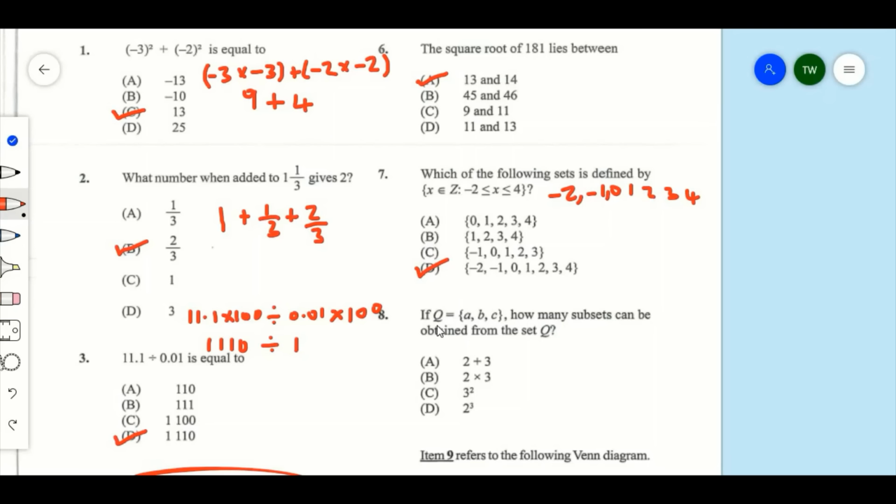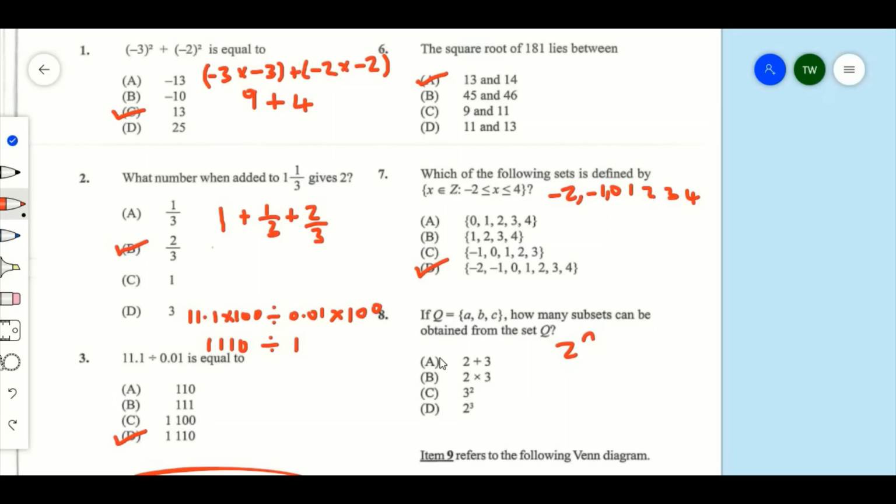Number 8. If Q equals {A, B, C}, how many subsets can be obtained from the set Q? Now the formula for the number of subsets is 2 raised to the power of n, where n is the number of elements inside the set. So here we have 3 elements inside the set.